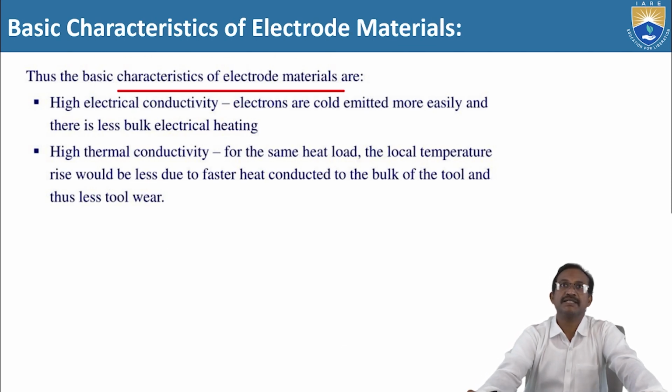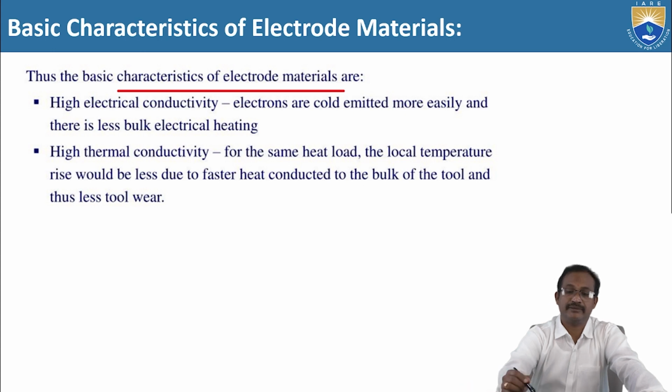Basic characteristics of electrode materials. The basic characteristics of electrode materials are high electrical conductivity, so electrons are cold emitted more easily and there is less bulk electrical heating.